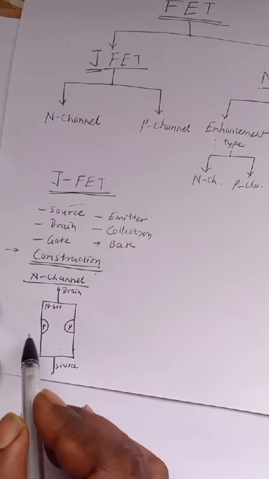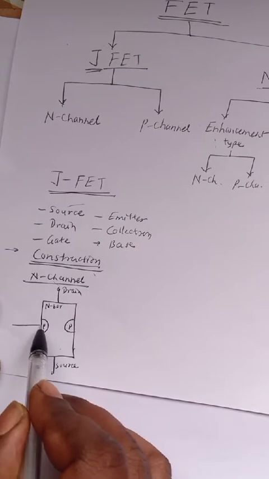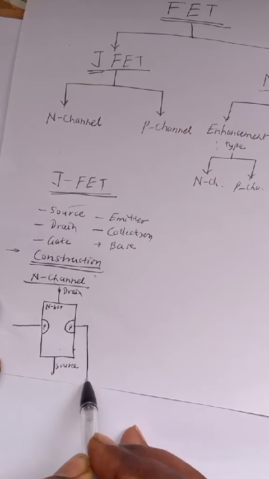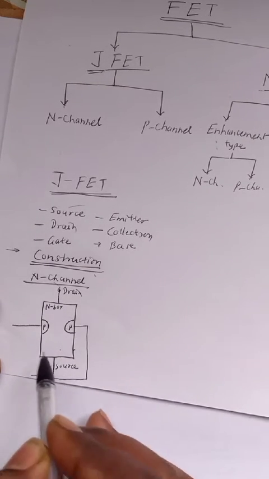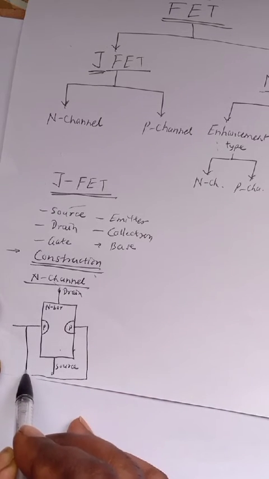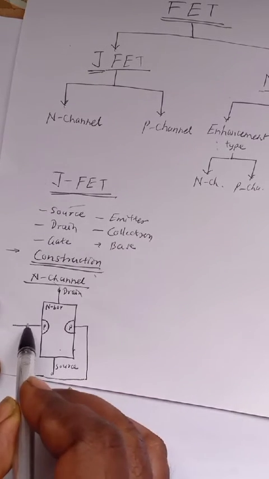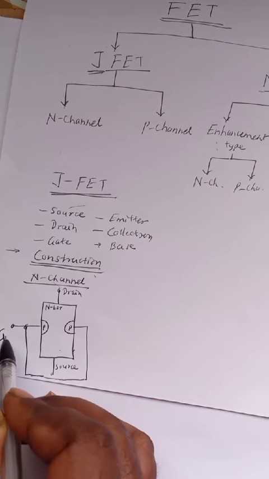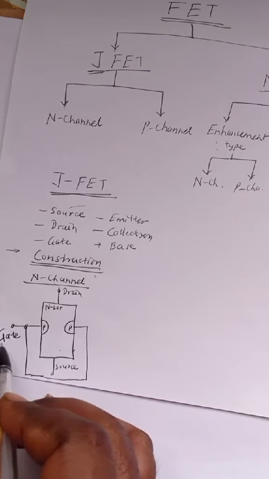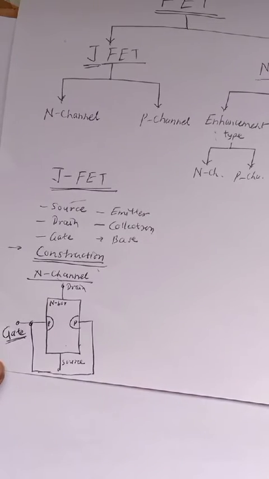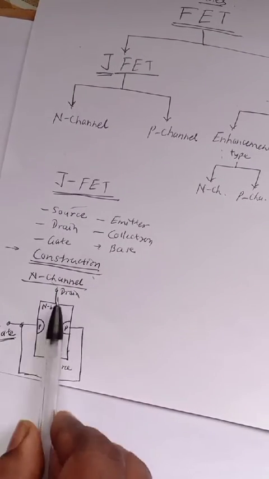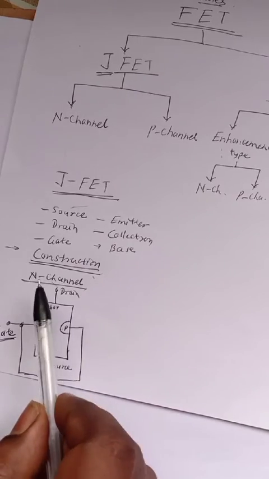Okay, so these 2 P regions are connected to each other, and this terminal is known as a gate. So this is a simple construction. This is a construction of N channel JFET.